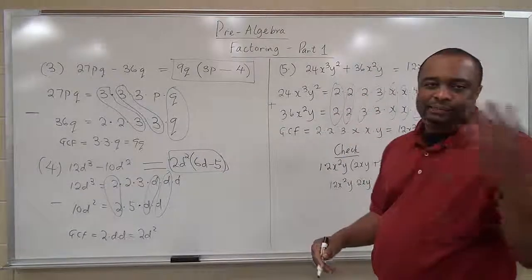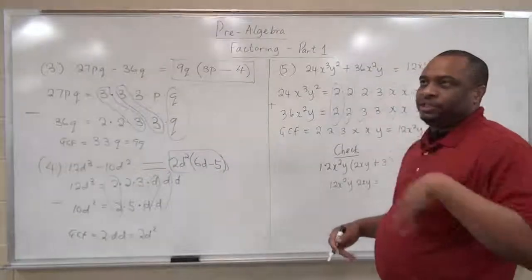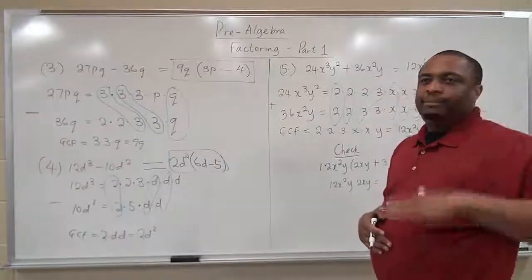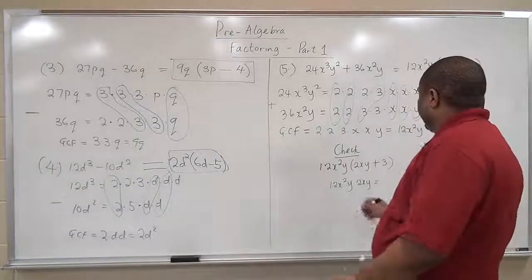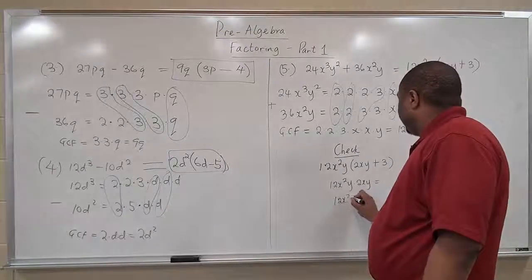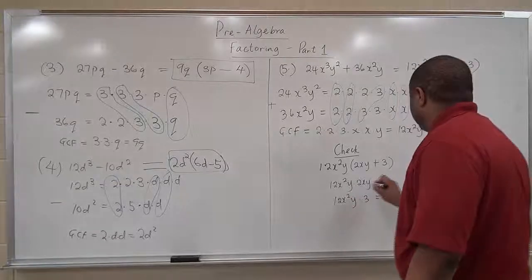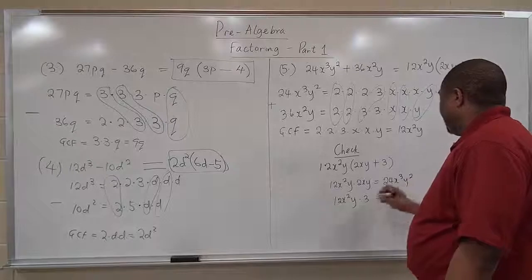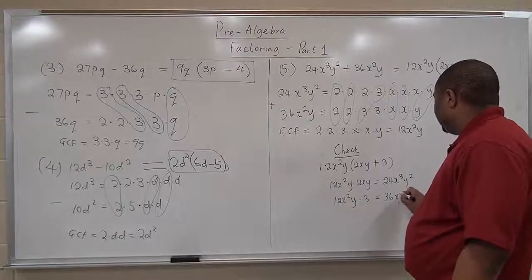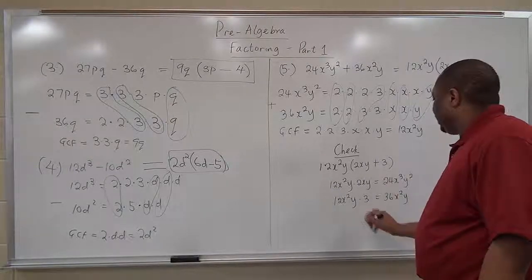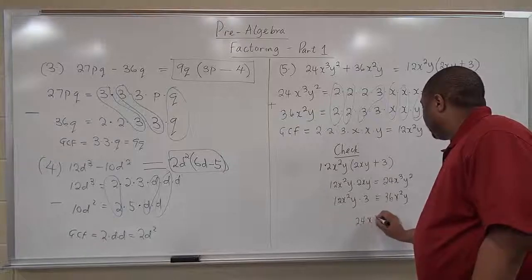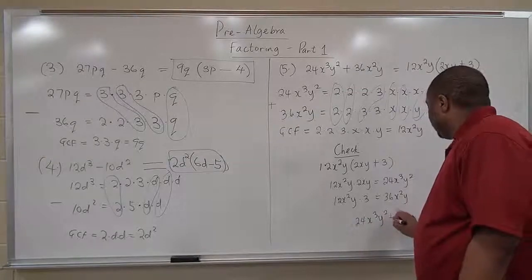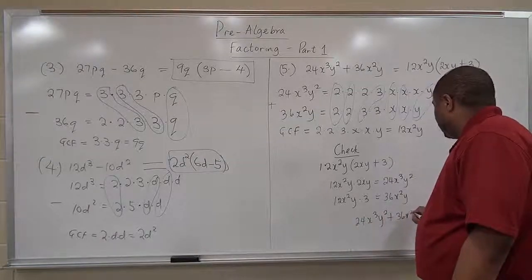The way I do multiplication of polynomials, I like doing my vertical method. Then 12x squared y times 3. So this will be 24x cubed y squared, and this is 36x squared y. So you add it up, that will give you 24x cubed y squared plus 36x squared y.